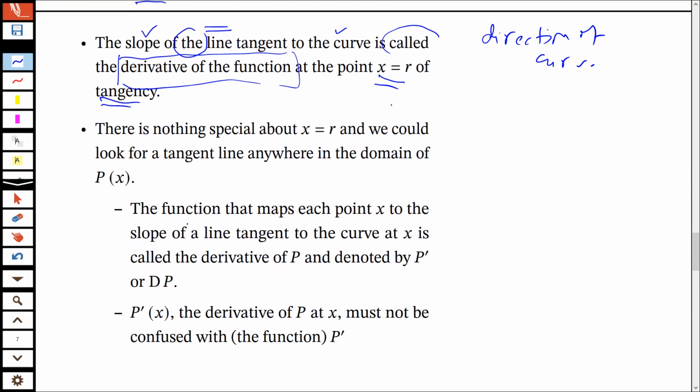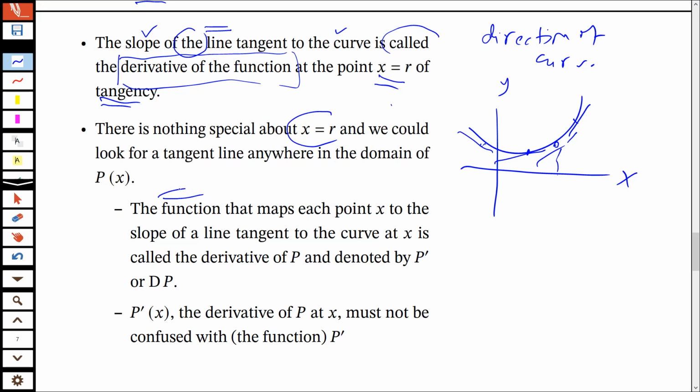Now we had a function and we chose r. There is nothing special about r. We could choose any point x. We can do the same anywhere, every time. Every time we will be looking for lines and we'll pick the tangent line, the repeated intersection. So we can then have a function that maps each point.